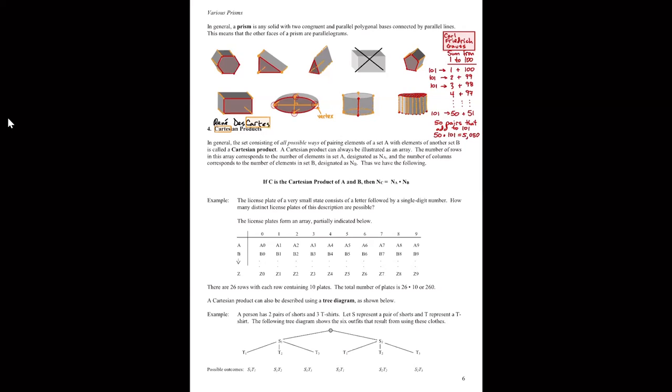Anyway, in general, the set consisting of all possible ways of pairing elements of the set A with elements of another set B is called a Cartesian product. So if you think about X and Y values, like you're plotting points on a graph, I could do that really quickly just so you have it.